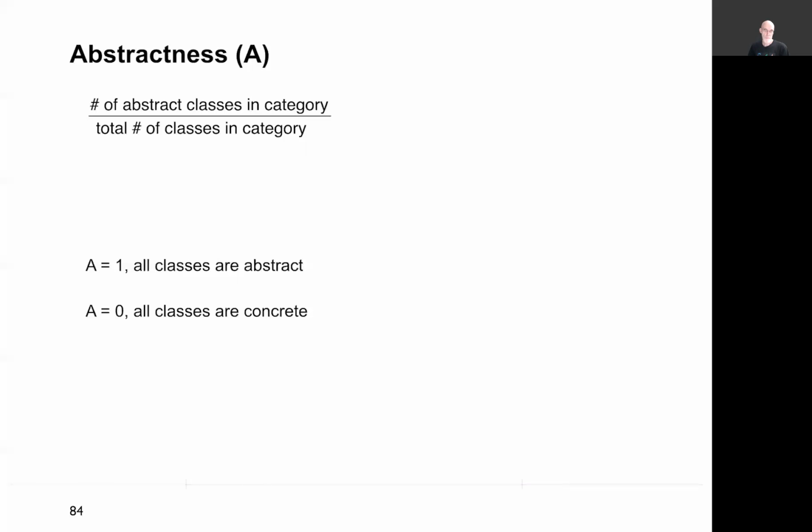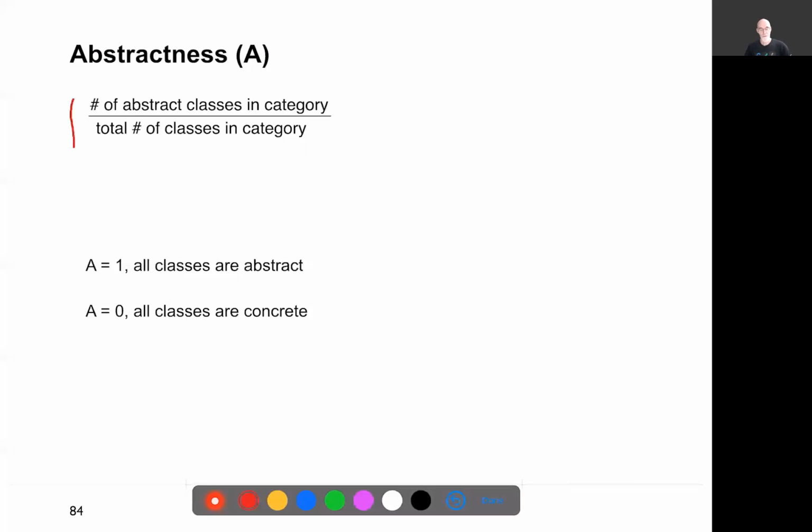So they want a measure of this abstractness. They get another metric, which is the number of abstract classes in the category versus the total number of classes in the category. The goal then is to find the right balance.